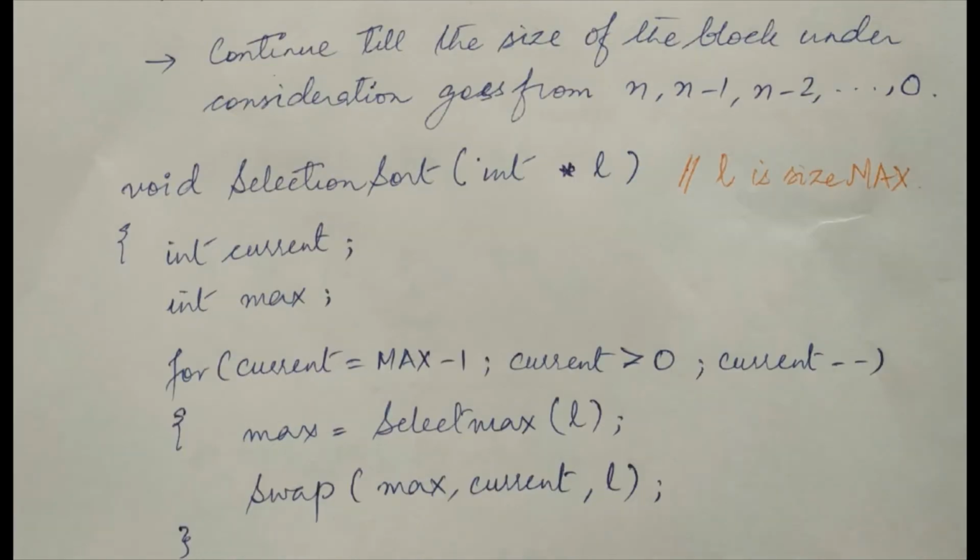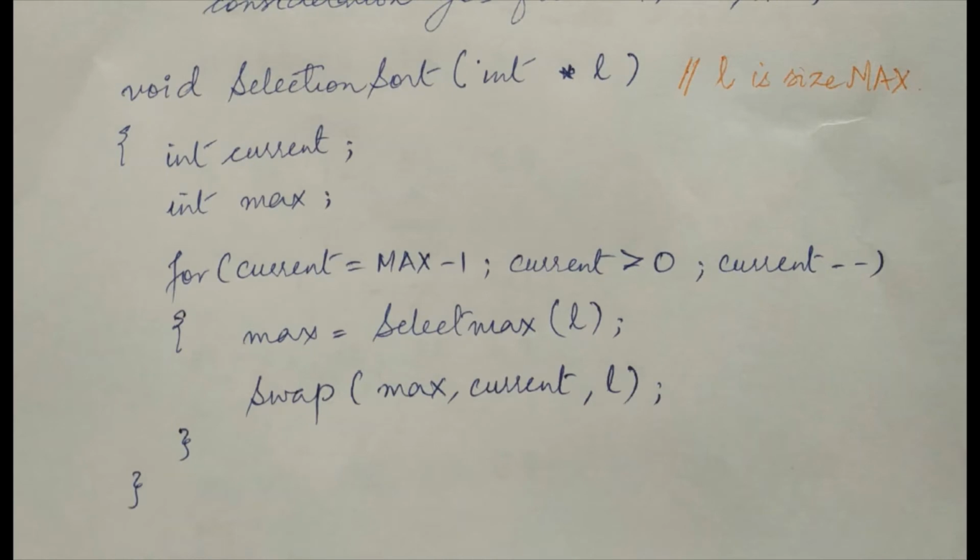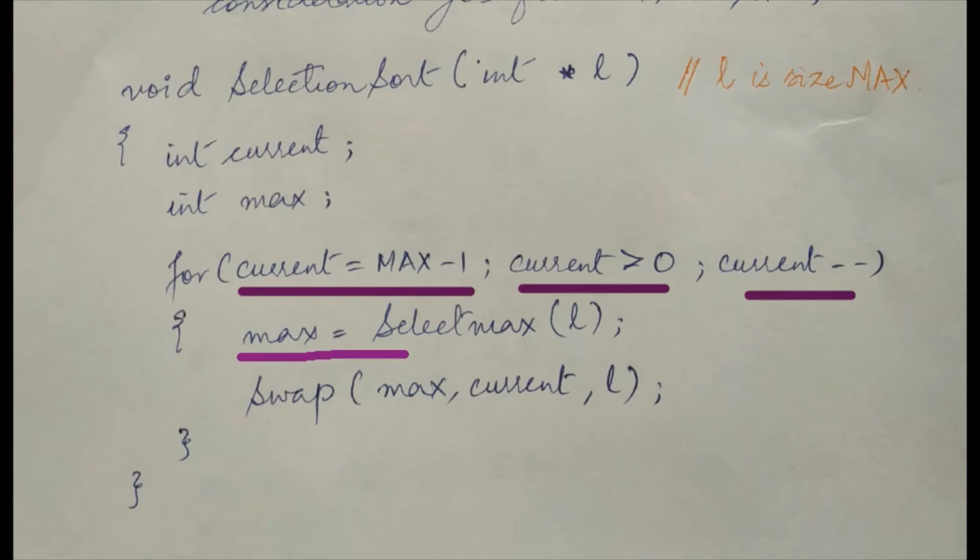So I'll just go straight away here. I start from the last location. Current should be greater than 0, till the first location, current minus minus. Select maximum of L. L is the array, so you select the maximum of the array. Swap maximum with current.